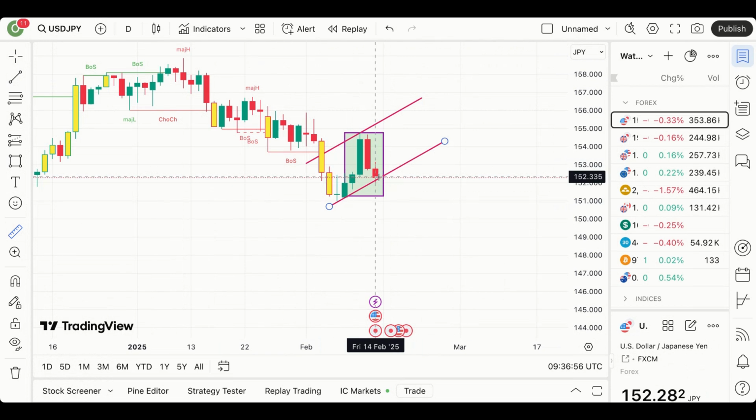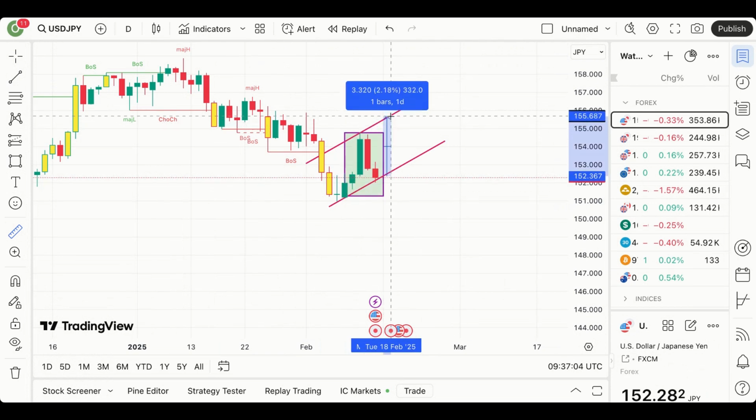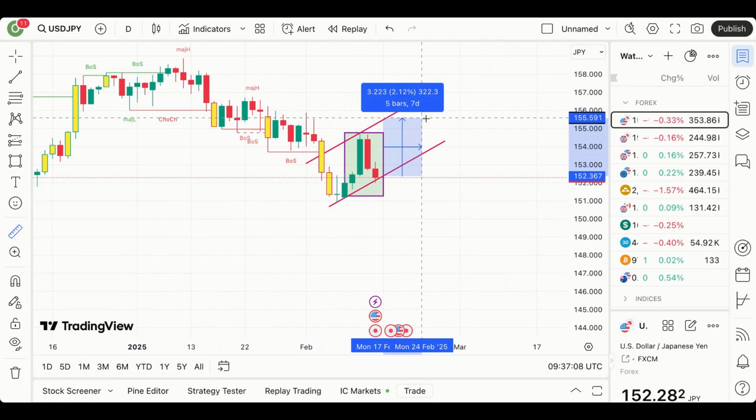So let's say the next candle shows bullish. Then from here to here, we are looking roughly 326 pips for next week, if we see a blue candle from here.